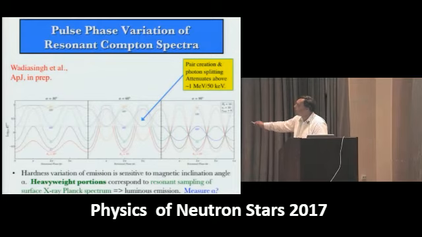The profile depends on alpha, whether it's 30, 60, or 90. You can see vastly different changes. So we have the possibility that with this type of study, we'll be able to measure the inclination angle. And if we can measure the inclination angle, we can actually retrofit what is out. We measure the dipole moment times the sine of alpha when we do spin-down, so we can actually measure the magnetic field better.